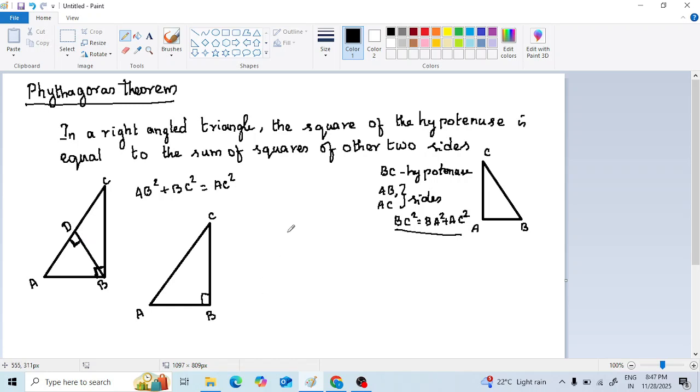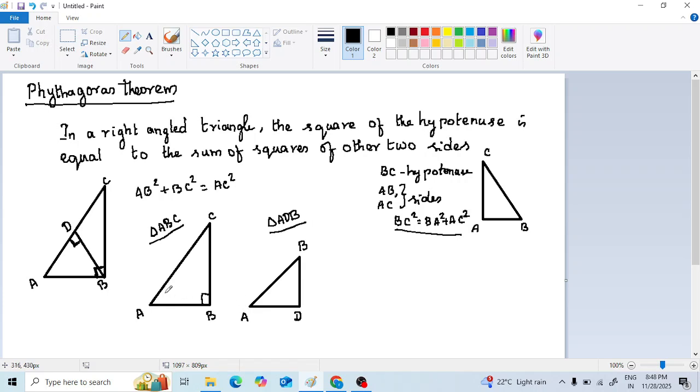I take AD as base. Therefore, the next point will be B. So this is triangle ABC, and this is triangle ADB. I take two triangles here, triangle ABC and triangle ADB.